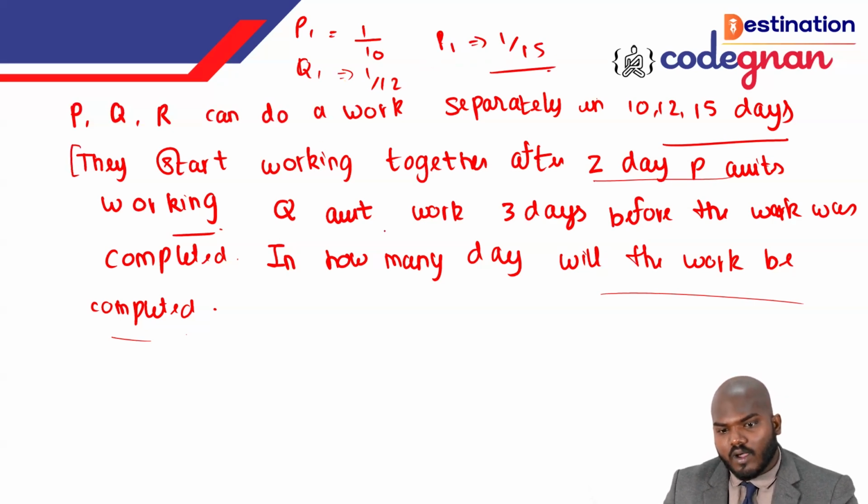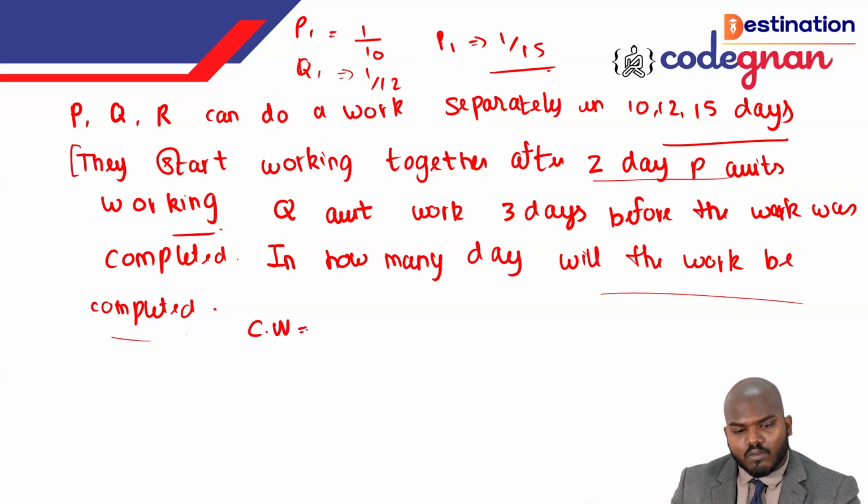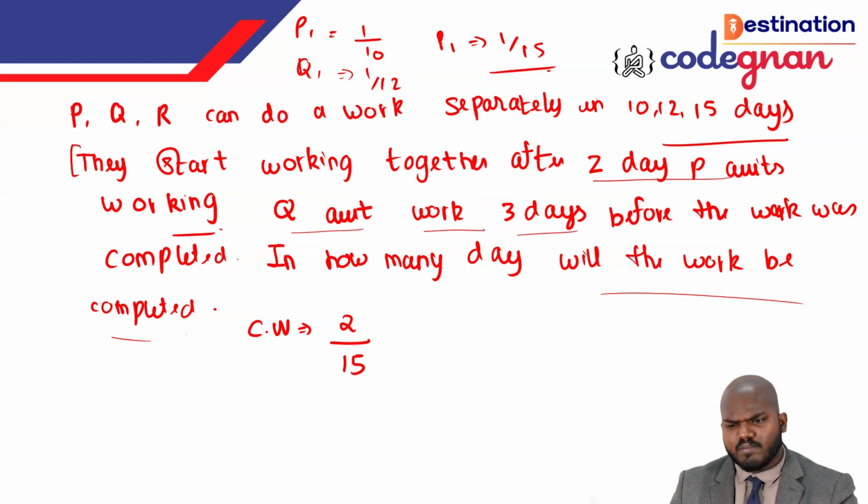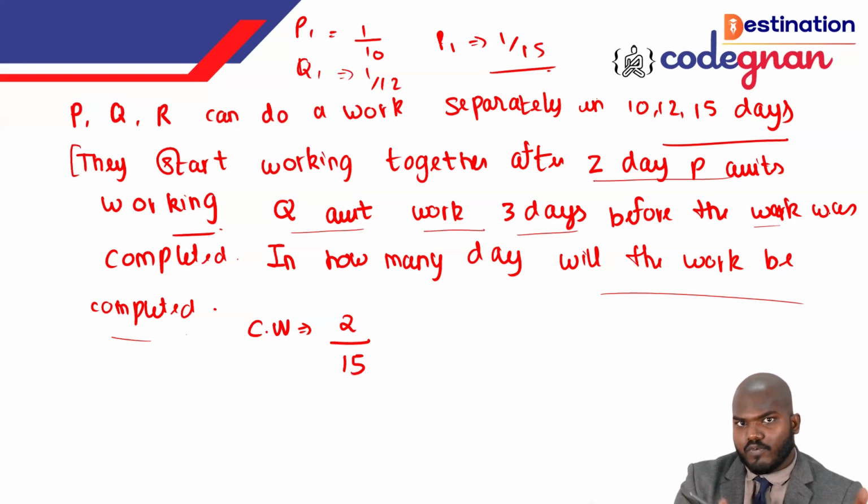They started working together, and after 2 days P quits, so P is working only for the 2 days. This is for P. Next, Q quit the work 3 days before the work was completed. He had not yet reached the completion of the work, but he quit 3 days before.